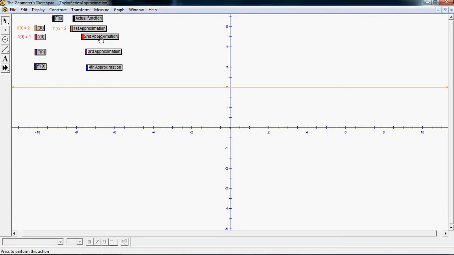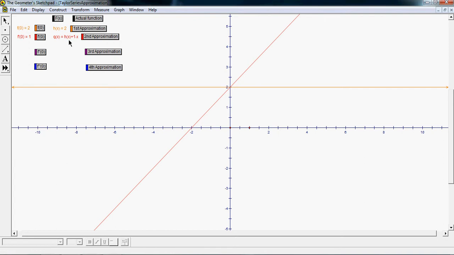And so we'll look here at this candidate function h of x, which is our first approximation, and then some added term, and in this case we're using 1x, which is the derivative of the function times x. So looking at that, h of x is just a constant.